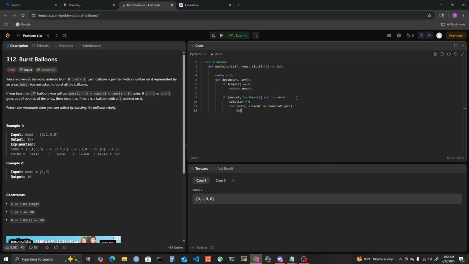Okay, I'm going to say left equals 1, right equals 1.